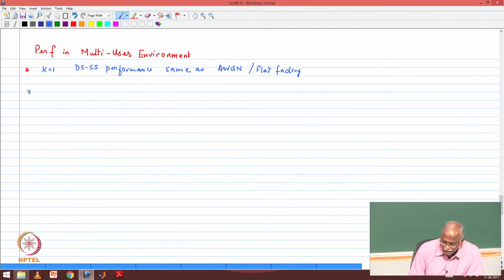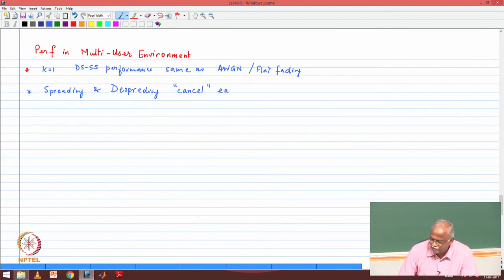Okay. The second aspect is spreading and despreading, they cancel each other, that is they are the inverse operations. As far as the signal is concerned, the signal comes back to its narrowband form. I will just say cancel each other, but please interpret it as the inverse operations cancel each other as far as the signal is concerned, but it does not do anything to the noise.